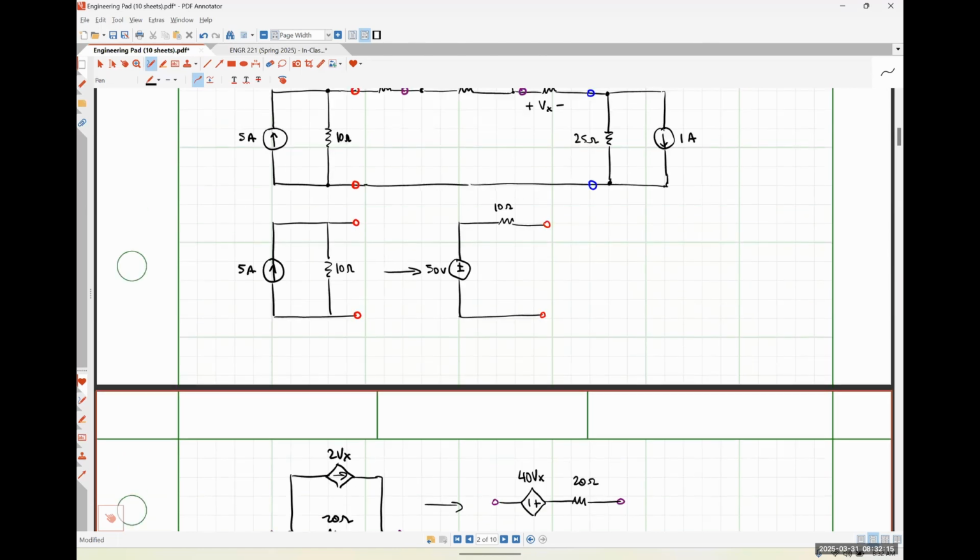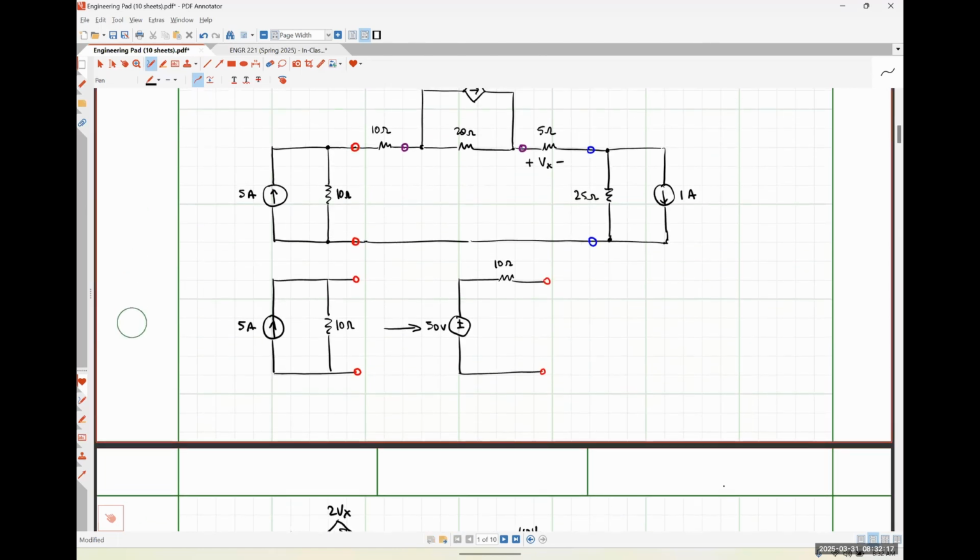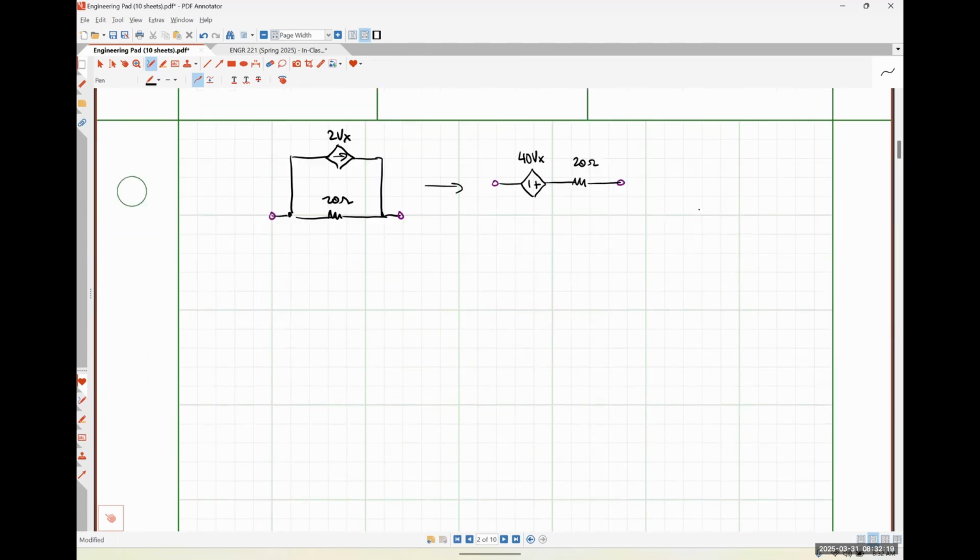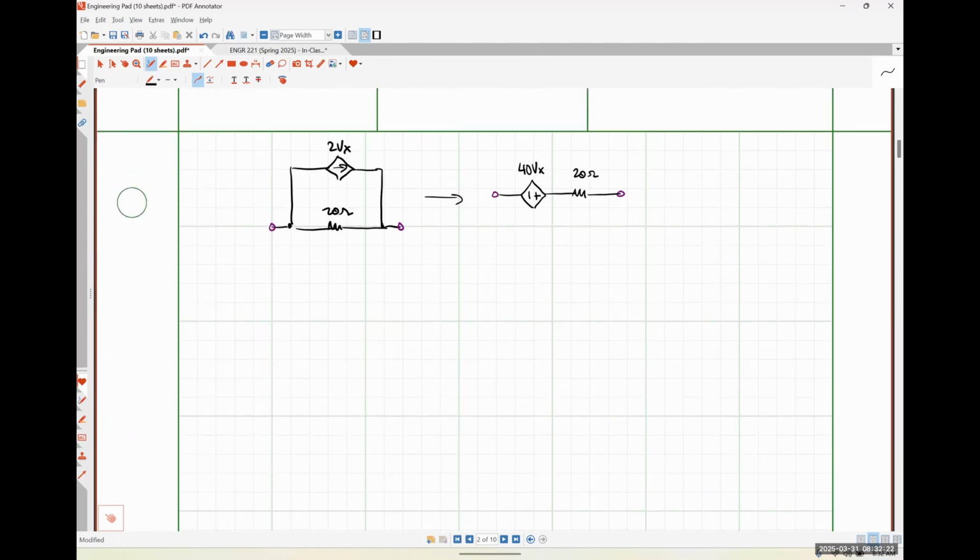And then lastly, we have a 25 ohm resistor in parallel with a 1 amp source directed down. So what would this transform into?